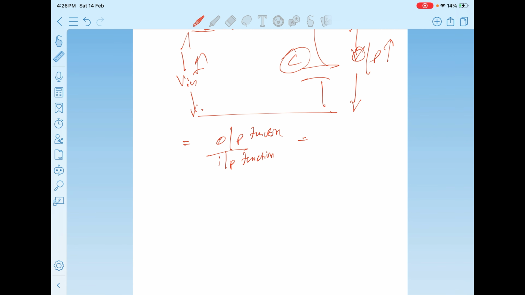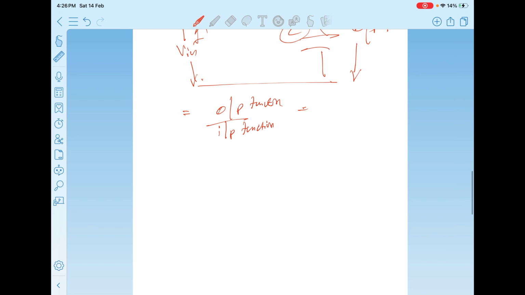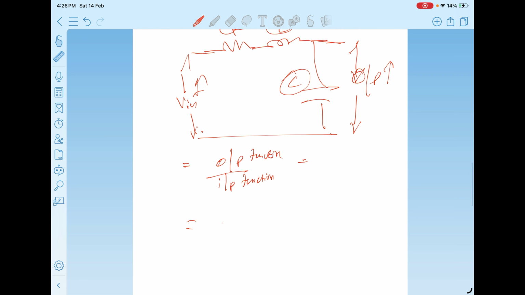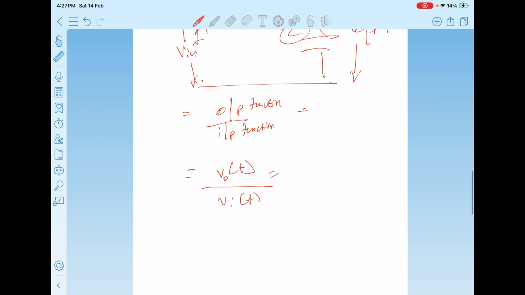There is one challenge here. If you express the transfer function directly in the time domain, that is, the output function defined by vo of t and the input function vi of t in the time domain, the challenge is that it is a differential equation.